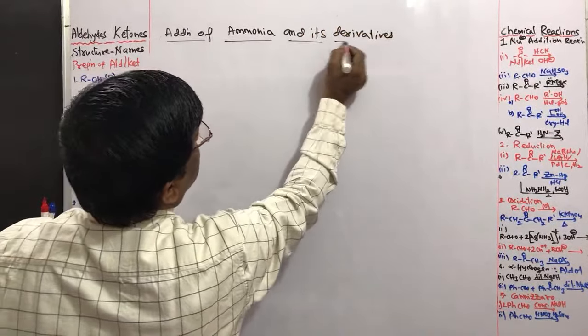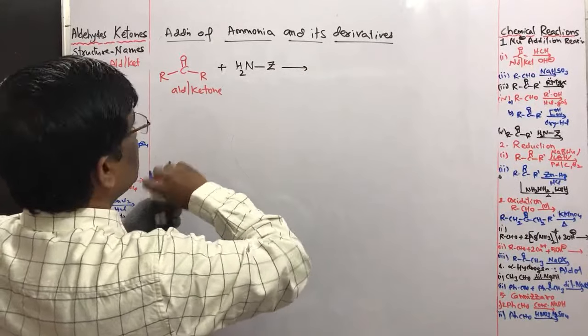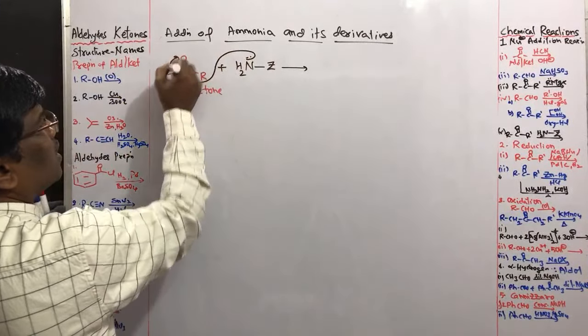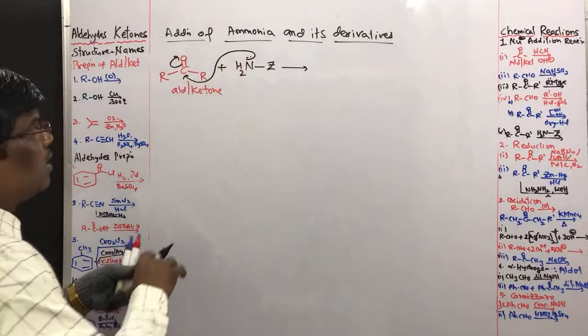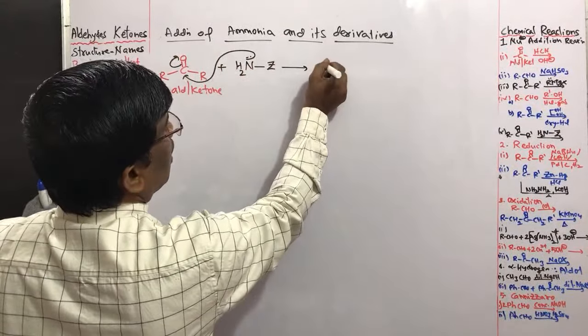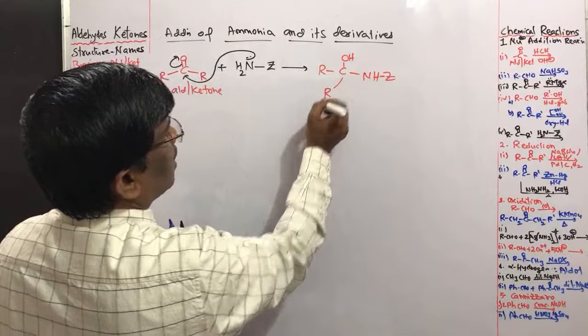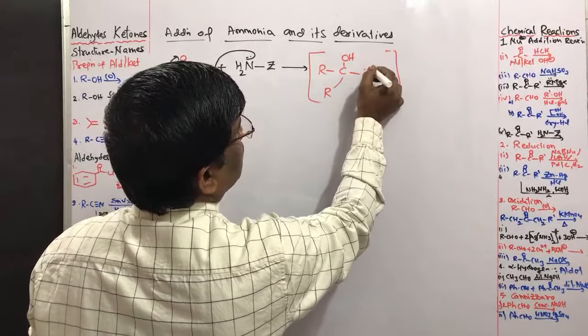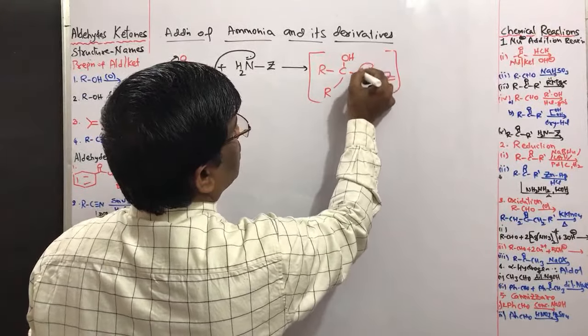When I treat it in presence of this amine, it is going to attack this carbonyl carbon and polarizing this oxygen to give R, O, NHZ. R group is already here, and this intermediate is not going to be stable. It is going to lose water.